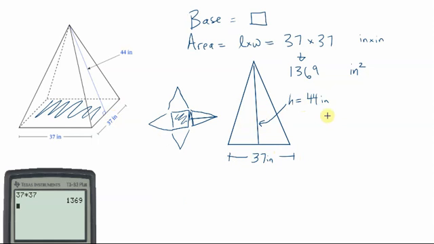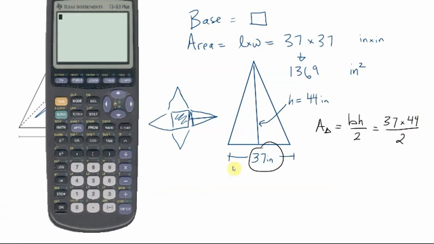Alright, so let's now calculate the area of a triangle. Formulaically it looks like base times height divided by 2. The base is 37, so 37 times the height of 44, and then divide that by 2. I'll bring the calculator up for that.